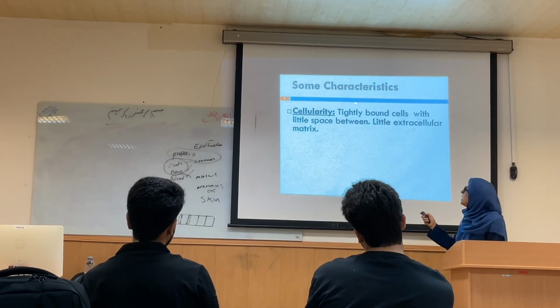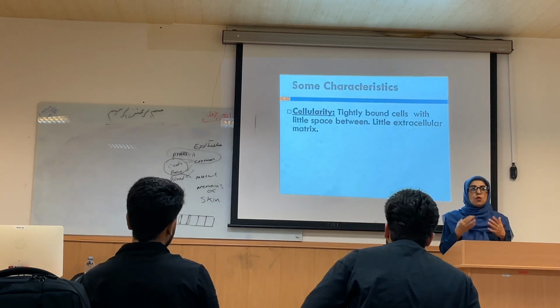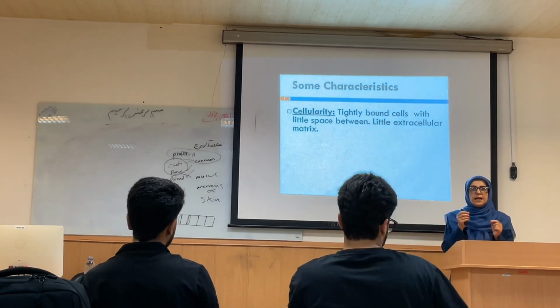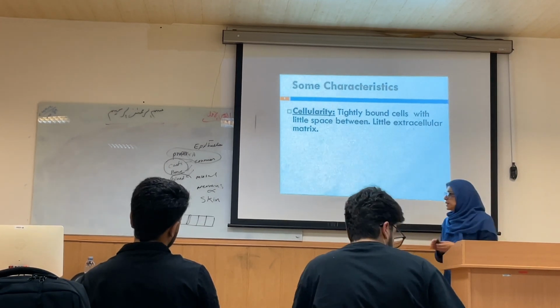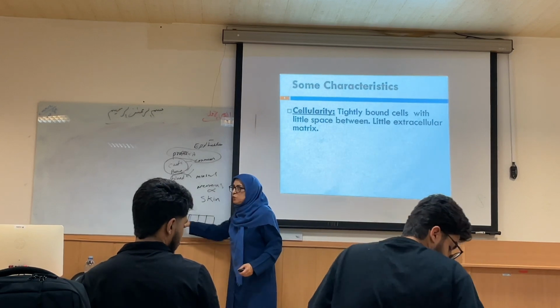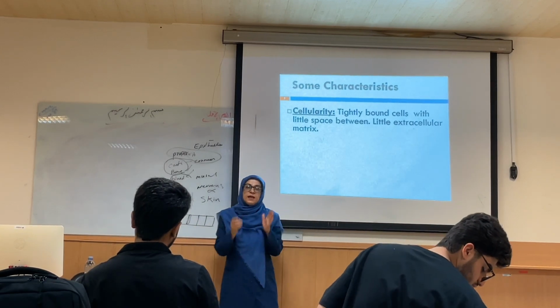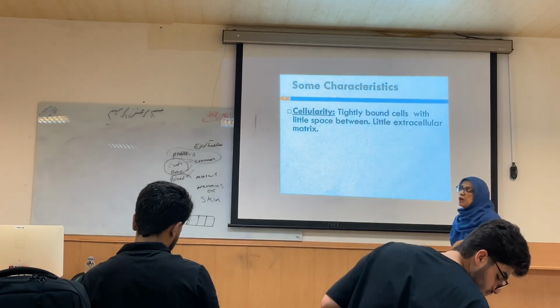Thus, we can tell that the epithelial tissue includes more and more cells, and the ECM is very rare, so these cells are located tightly, densely together, and in the epithelial tissue we can find lots of cells.